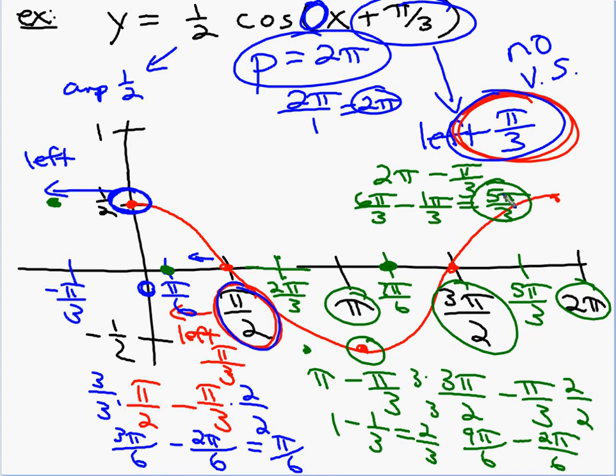I need to erase, my point's going to be right here in the middle of that mess, sorry. So now I can finally connect the dots and get my new graph. That one is extremely ugly because of all the fraction work. All right? So if you manage your fraction work on that problem, it will not be that bad. And we will stop there for today.